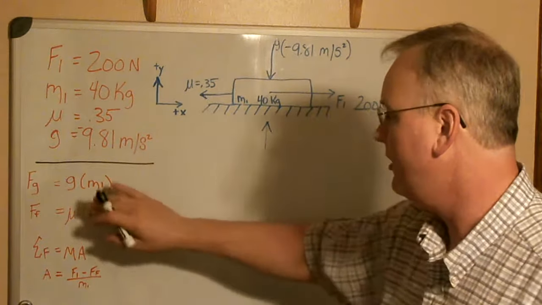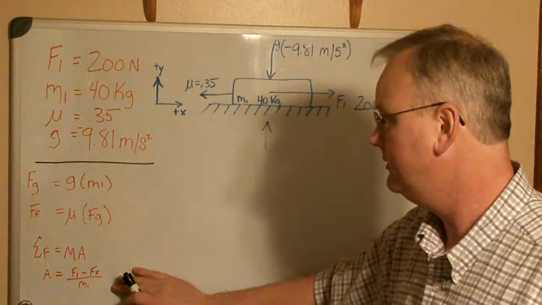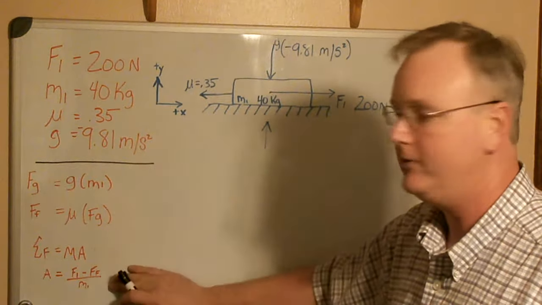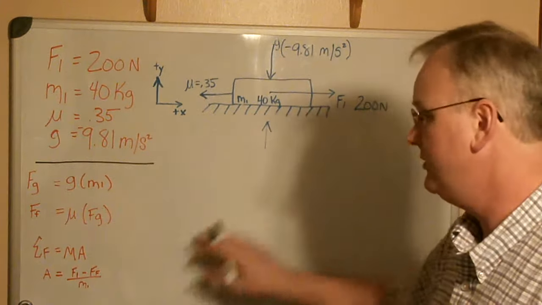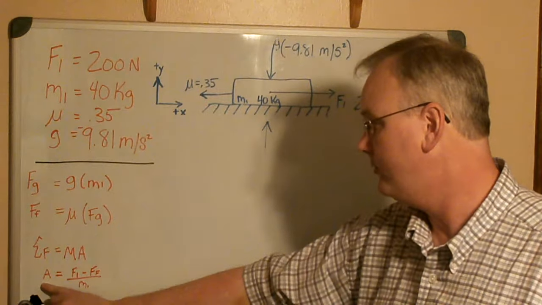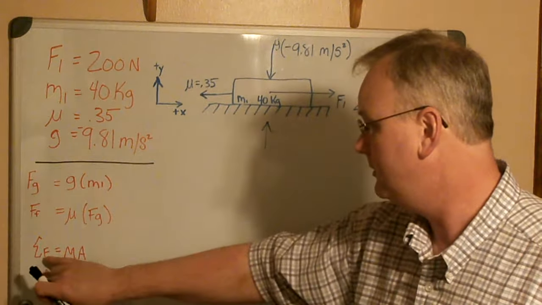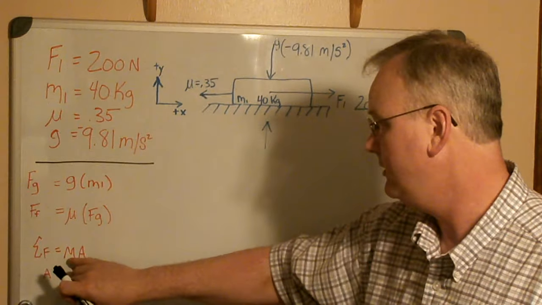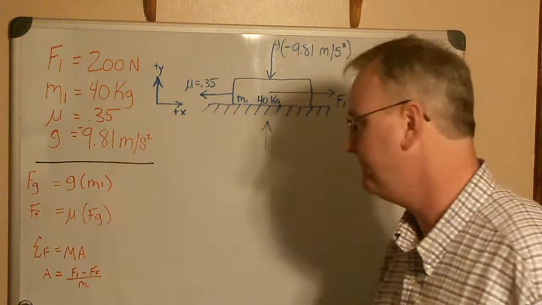To work through this problem, I went ahead and wrote out our symbolic manipulation, which will be plugging in numbers to derive our acceleration through Newton's law of force equals mass times acceleration.